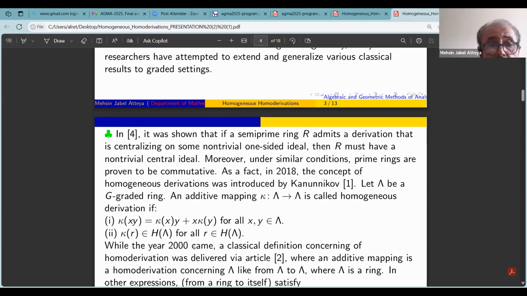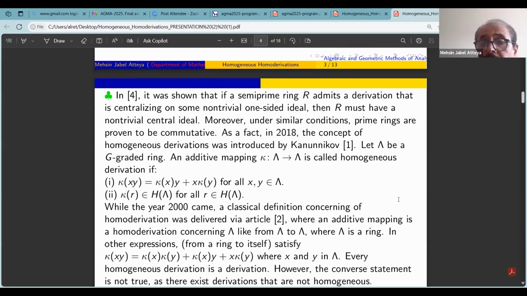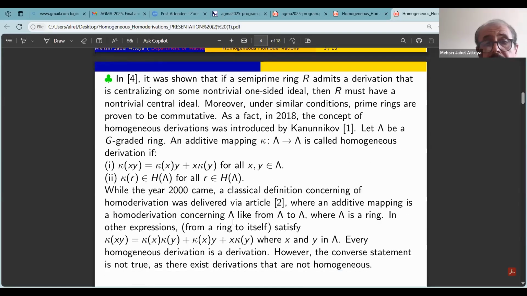While in the year 2000 the classical definition concerning homoderivation was delivered via article 2, an additive mapping kappa from lambda to lambda, where lambda is a ring, is a homoderivation if it satisfies this condition: kappa of xy equals kappa(x)kappa(y) plus kappa(x)y plus x kappa(y), where x and y are elements in lambda.